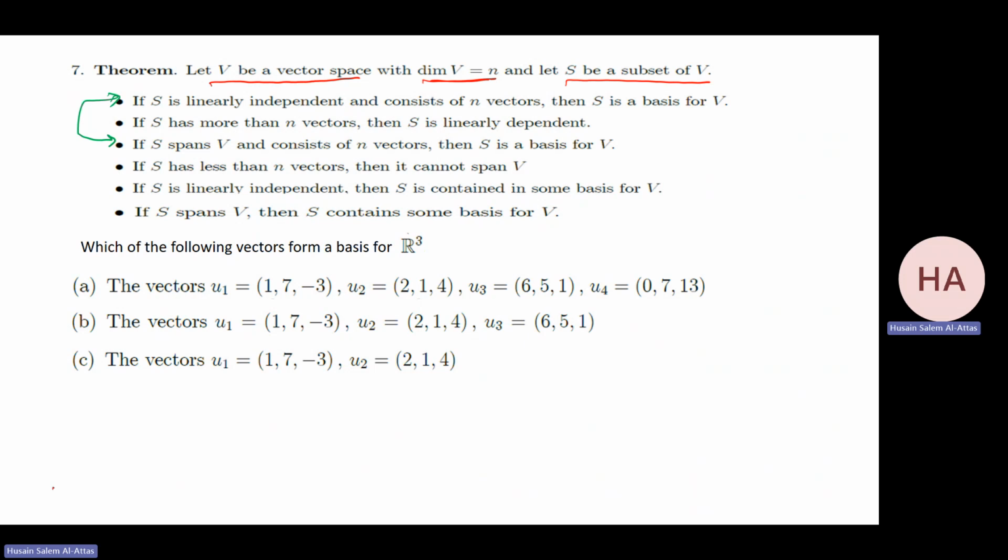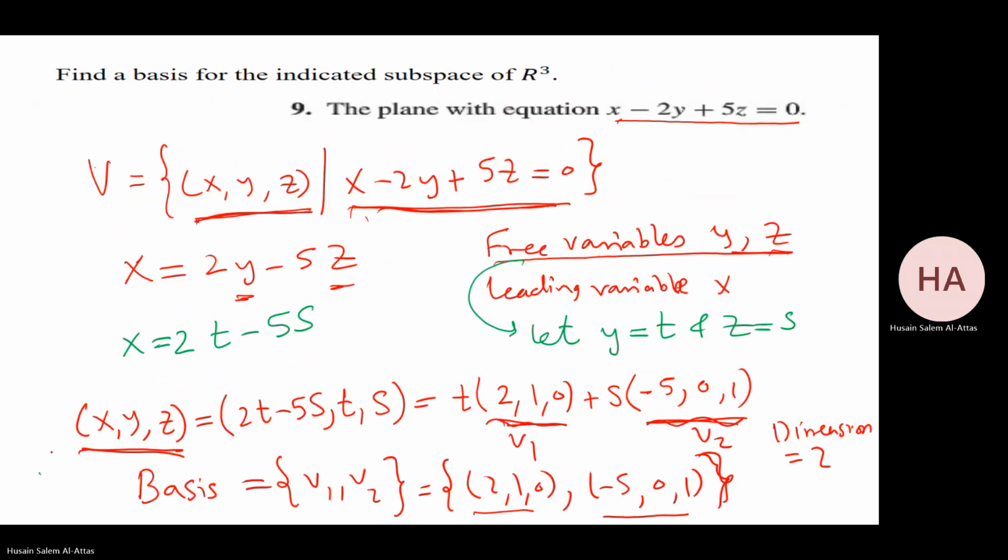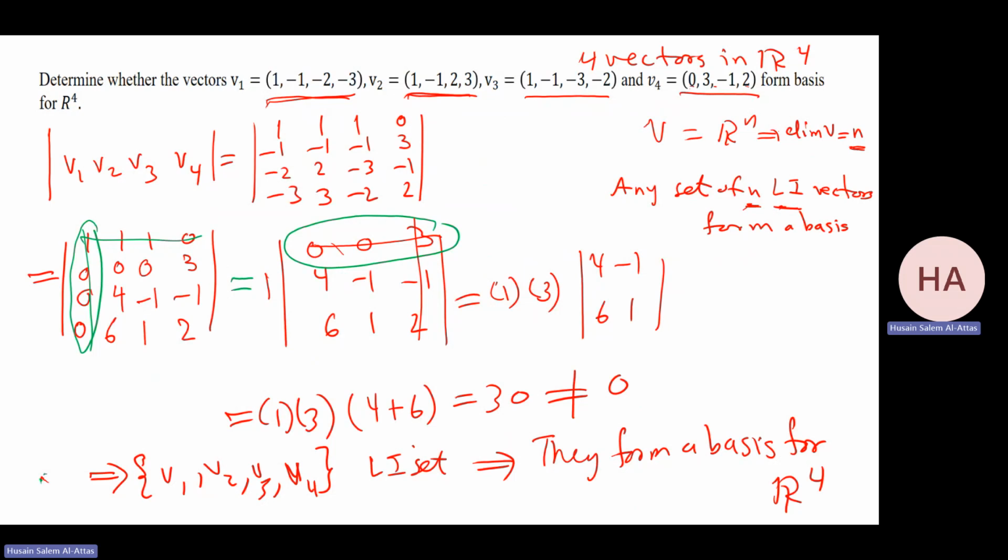It says that if the dimension is n, so the number of elements for the basis is n, and you have a subset consisting of n vectors, there's no need to prove both linear independence and span to show this set is a basis. One of them will be enough, and that's what we did in this example. In this example, to show this subset, they call it W, for example.